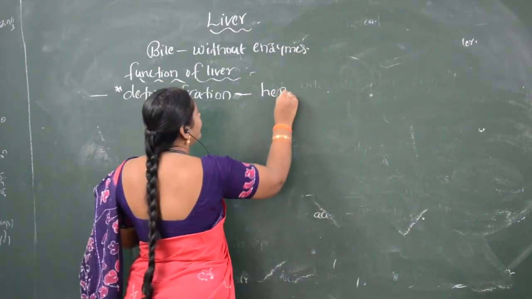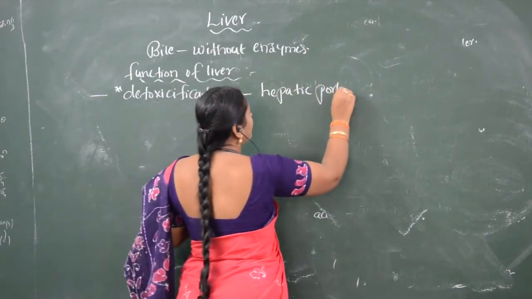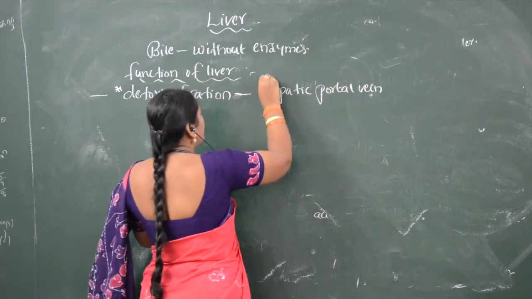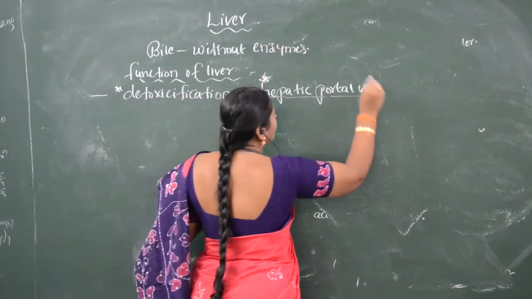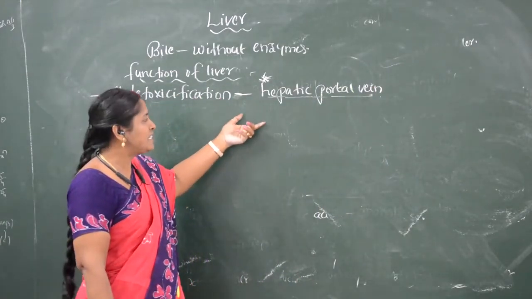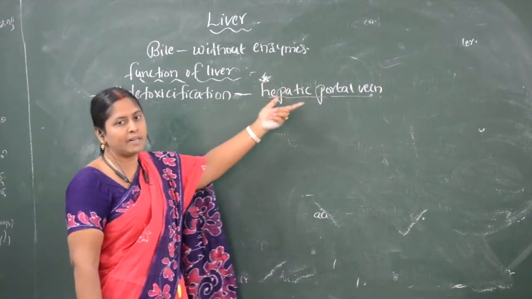through the hepatic portal vein. Very important, children. Very important picture. Many times they ask us about the hepatic portal vein. The hepatic portal vein is the vein which connects the alimentary canal to the liver.